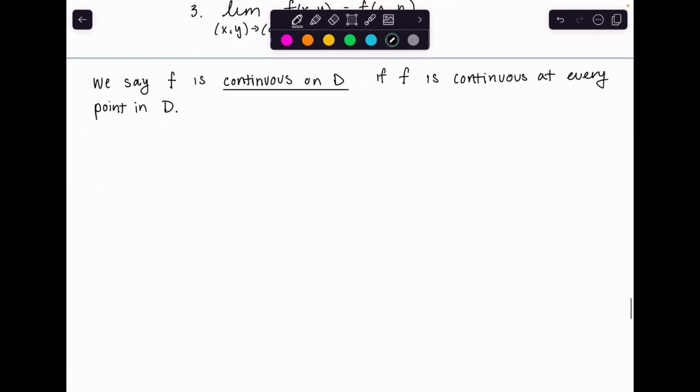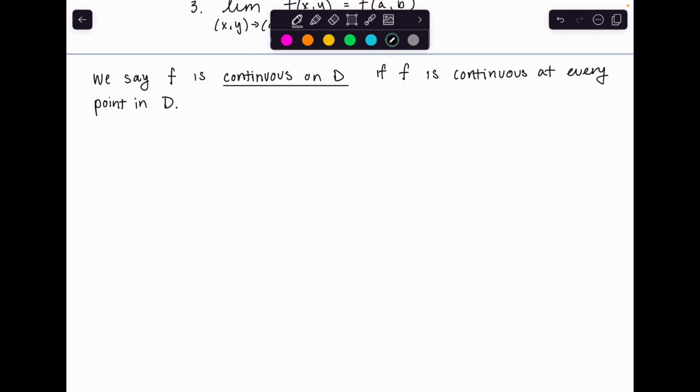So we'll do two examples. We're going to figure out where the following function is continuous.